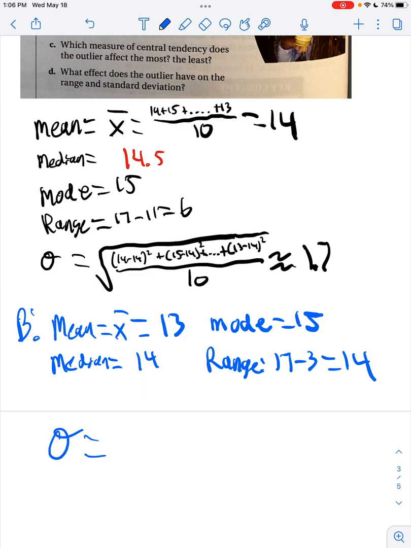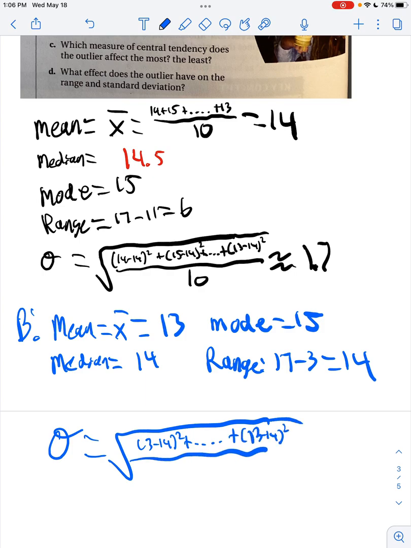And then standard deviation, again, I've got to add one more piece of info. 3 minus 14 squared. Again, you guys get the hang of it. 13 minus 14 squared. This time dividing by 11, it's a much higher number of 3.5.